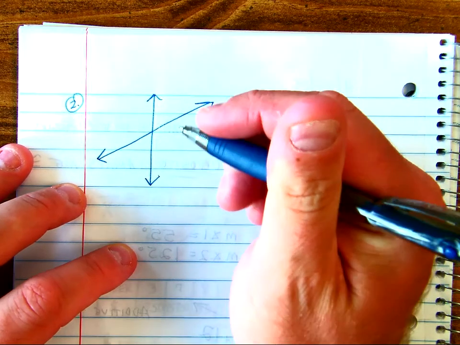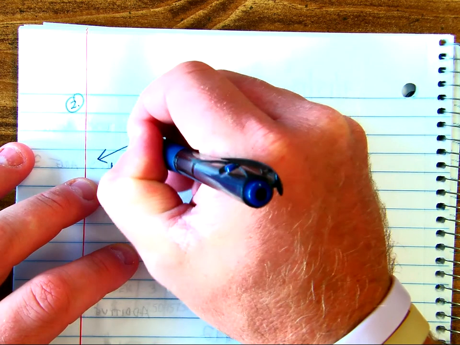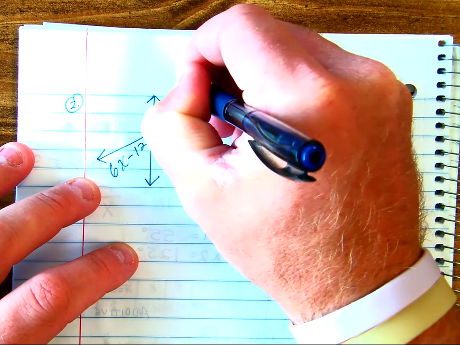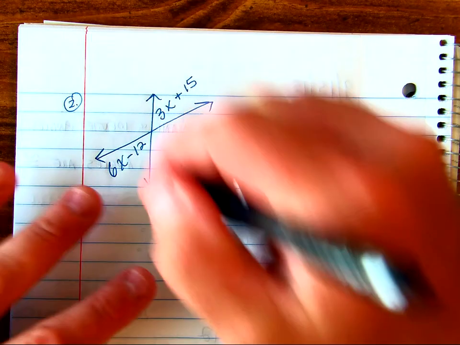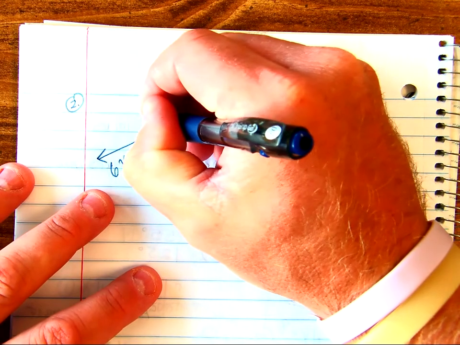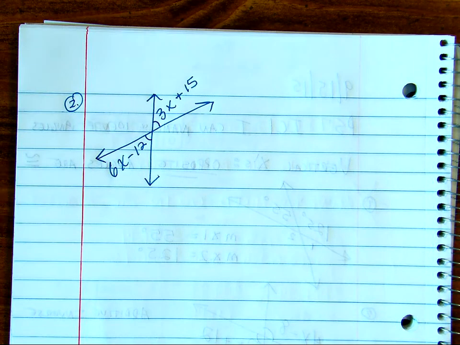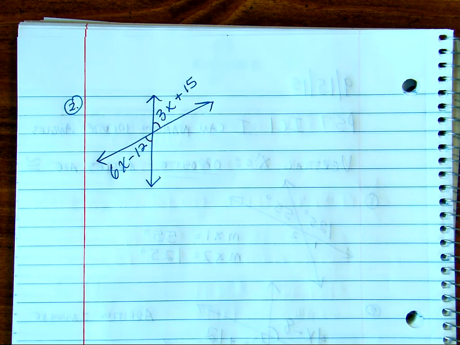We'll go 6x minus 12 and 3x plus 15. They are opposite, which makes them equal.